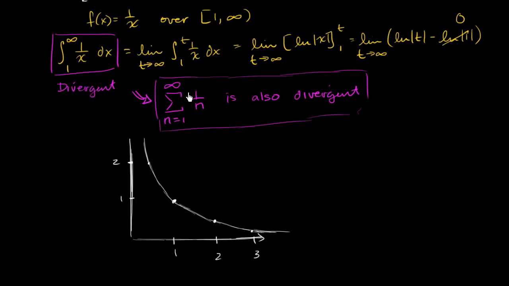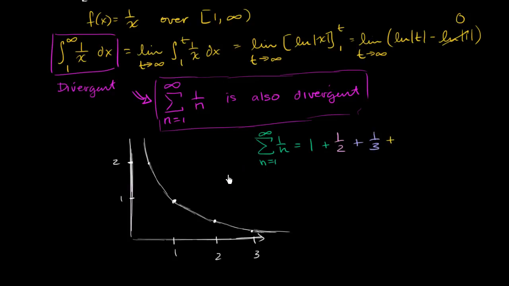And if we look at this sum right over here, let me write it down. So the sum from n equals 1 to infinity of 1 over n is equal to 1 plus 1/2 plus 1/3. And of course, we keep going on and on.